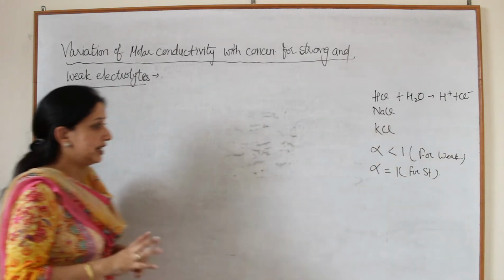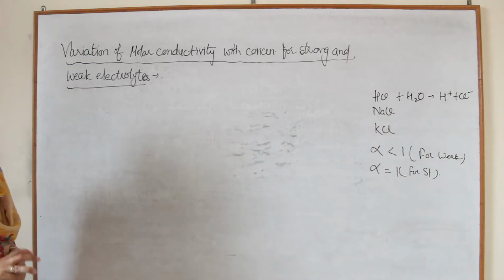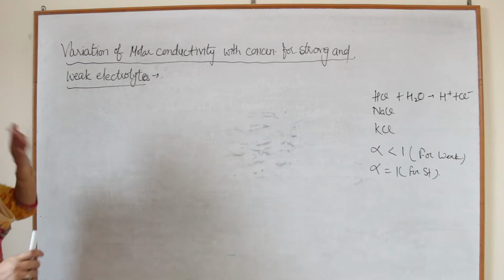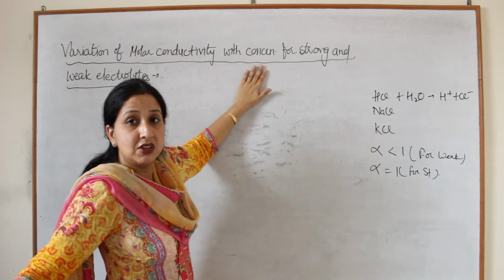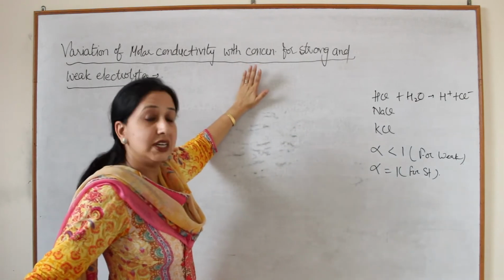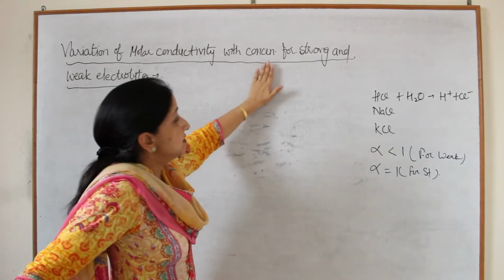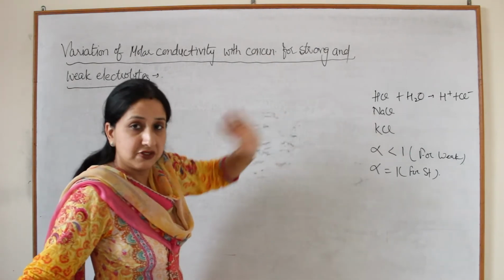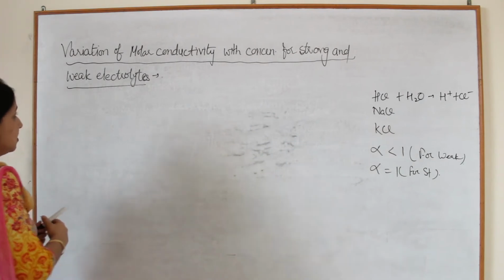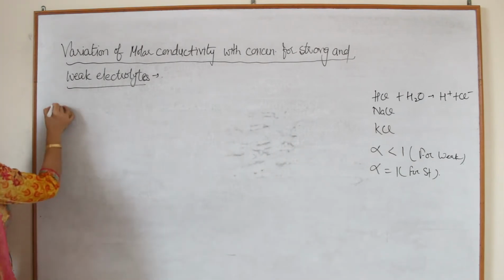This we have already discussed. Alpha is degree of dissociation. So now we will discuss how molar conductivity changes with change in concentration for strong and weak electrolytes differently.